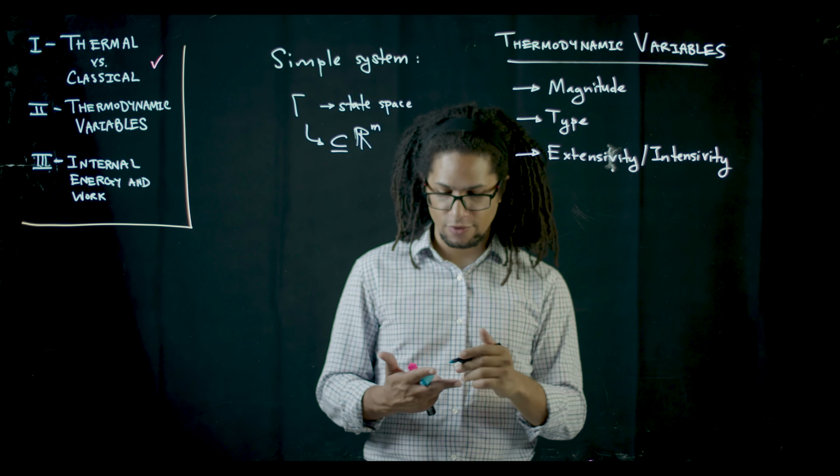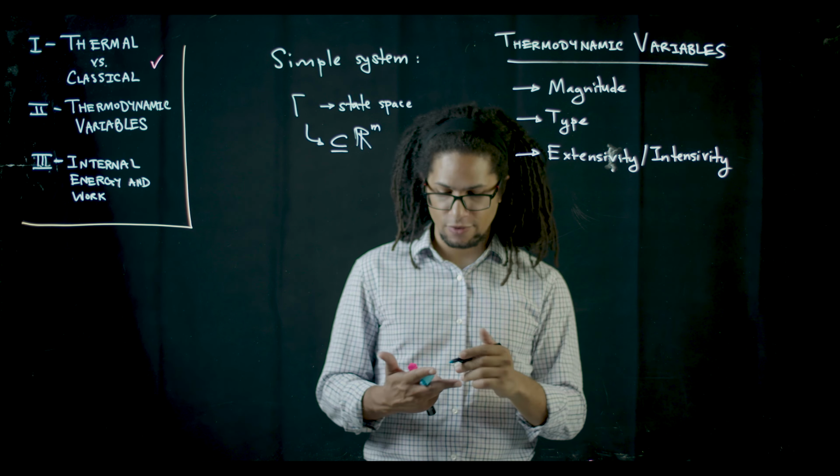So for example, if we have an object that has volume, let's say for instance 1 cubic meter, and we make 10 copies of that object, and we shove them together, the resulting mega object will have precisely 10 cubic meters of volume. However, if that original object was at 200 Kelvin, and we make 10 copies of the object and shove them together, the resulting object will still be 200 Kelvin.